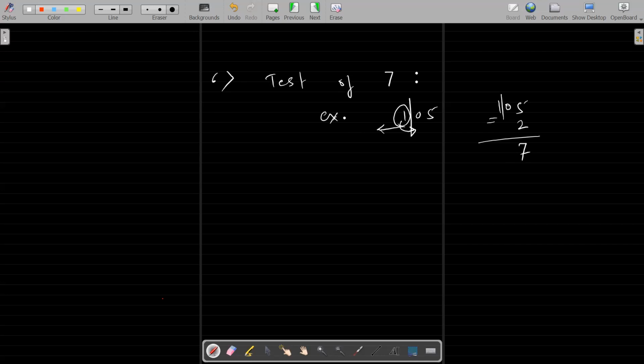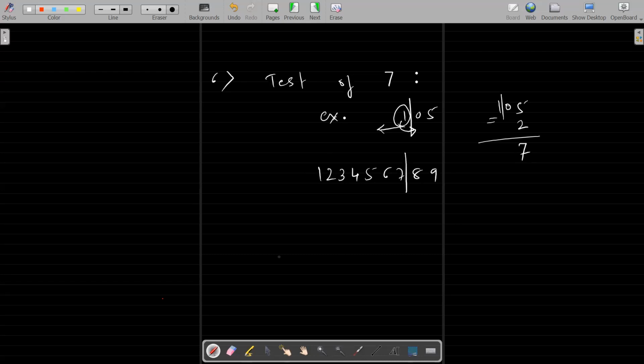Nowadays I see on the internet there is one test made famous by a young boy, Chika's test for divisibility by 7. There is one more test, which can be used for a 9-digit number. So for example, you give me some 9-digit number, 1, 2, 4, 5, 6, 7, 8, 9.